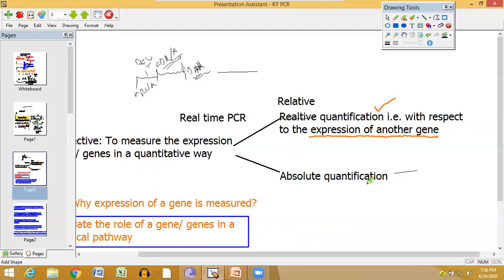That means, on one scale, you are quantifying how much of one gene is present.